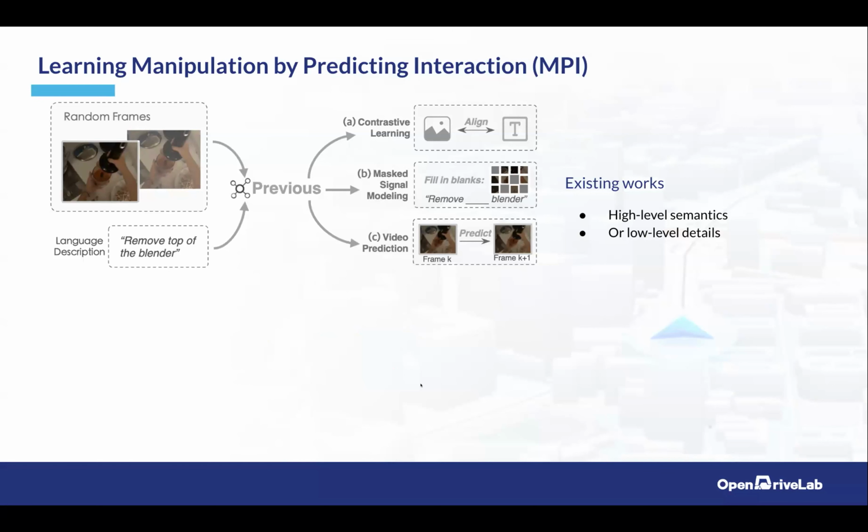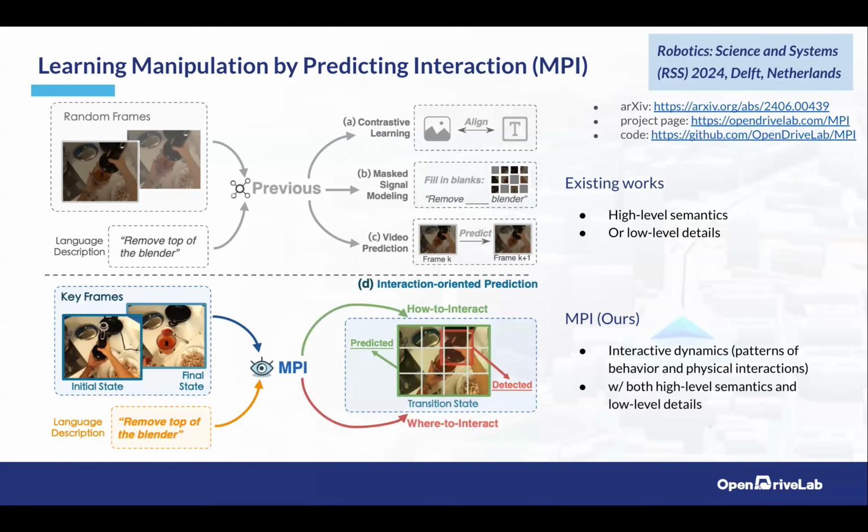There are some representation learning frameworks in previous works, like contrastive learning, MAE-based methods, or video prediction methods. They mainly focus on either high-level semantics or very low-level details. But as I mentioned, we need to highlight the manipulation tasks and the interaction process.